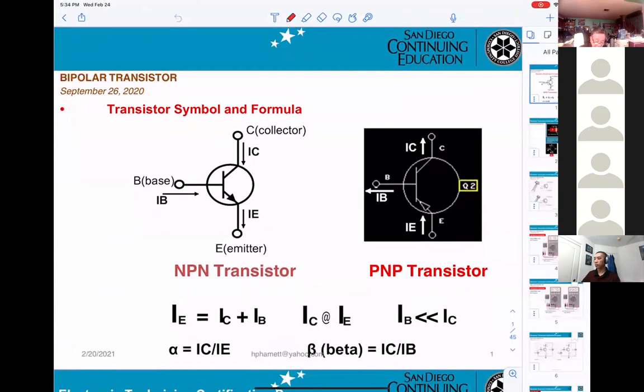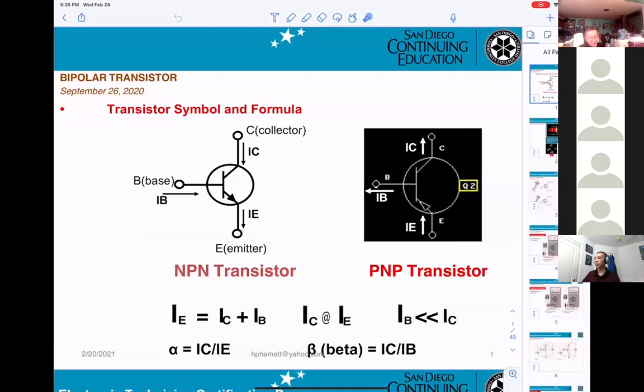What we need is, when you see the symbol, first you're able to recognize what device it is. Is it a diode, or a Zener diode, or a transistor, or a JFET or op amp? You must recognize that. So today we deal with the transistor, and you can see this is the base and the collector, and the emitter. And this is what we call an NPN transistor.